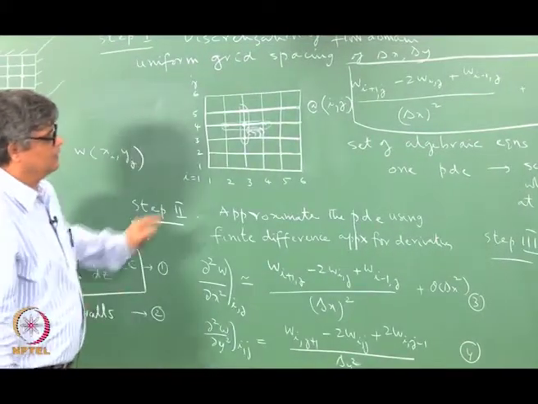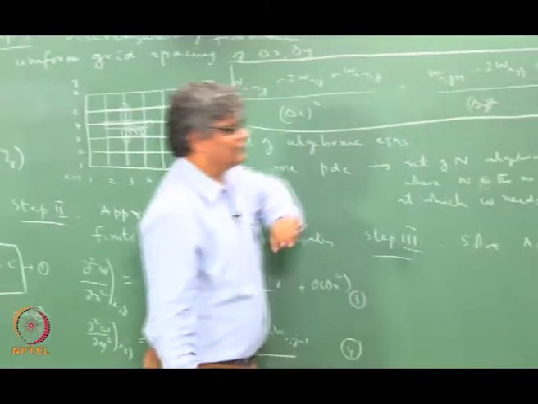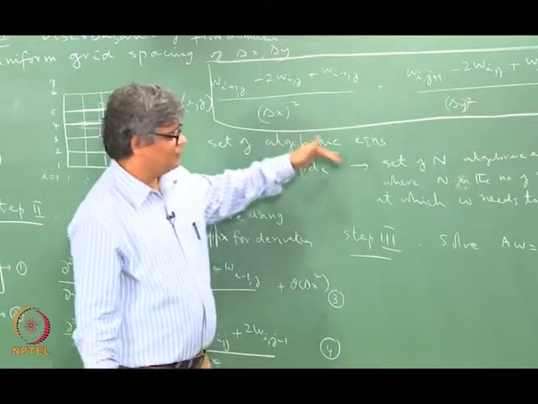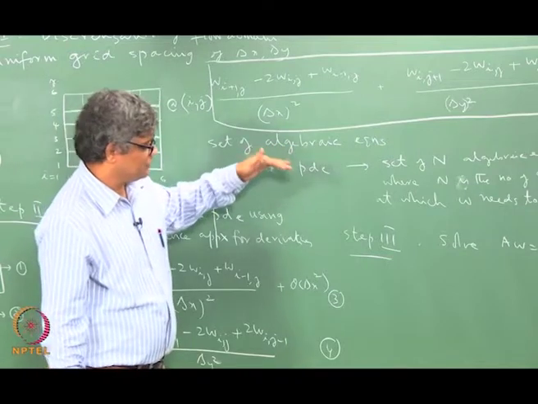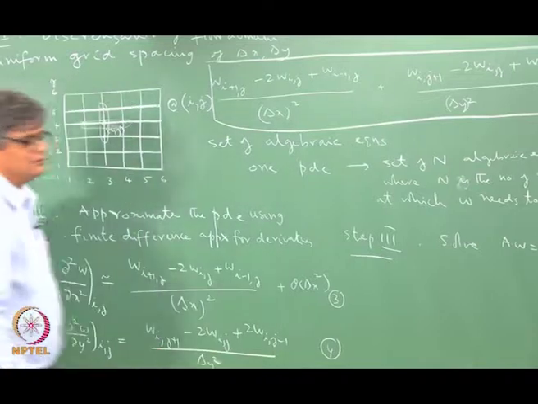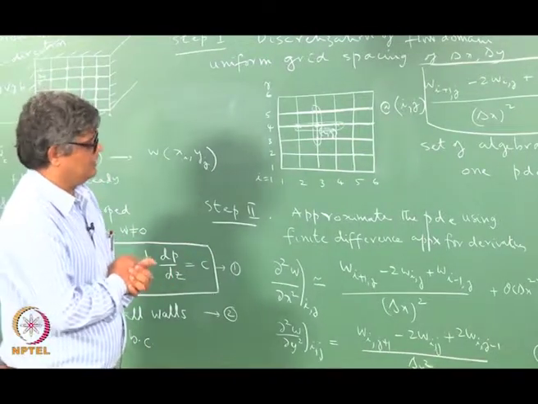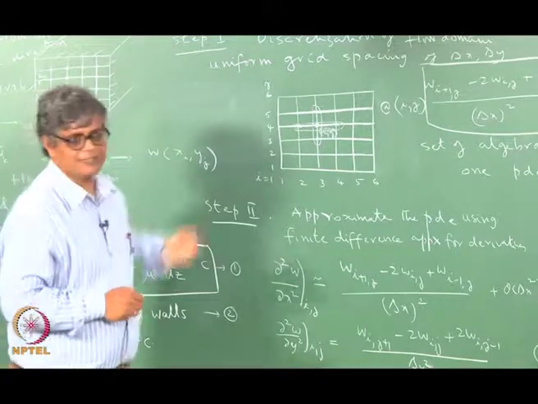So, we convert this into a set of n algebraic equations, and these will be solved in step 3 as a matrix equation, simultaneous equations, and that will give us the overall solution. So, these are the 3 steps.